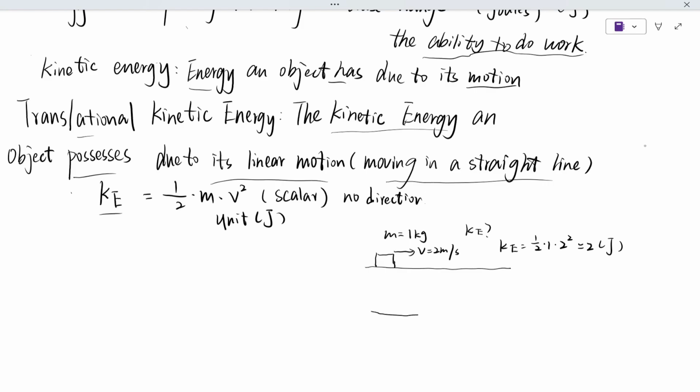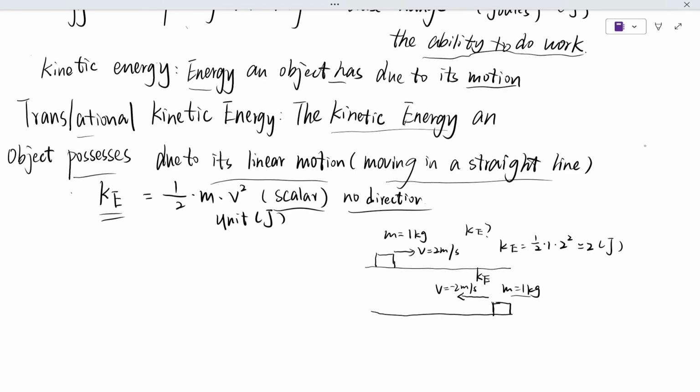How about an object also on a horizontal ground with a mass of 1 kilogram moving at a velocity of negative 2 meters per second? What is its kinetic energy? Do you remember I told you that the kinetic energy is a scalar, has no direction? So they're supposed to be the same because they have the same mass and the magnitude of the velocity is the same.